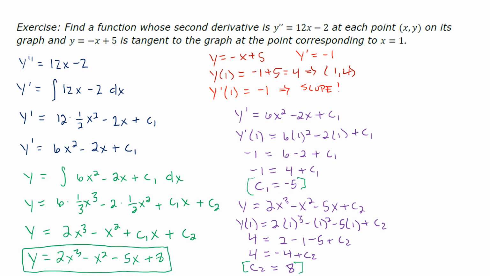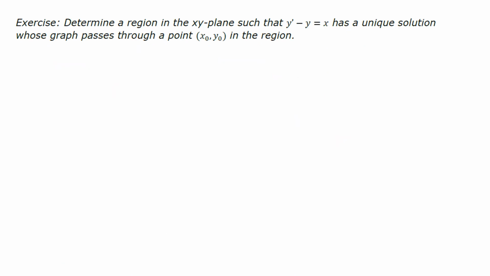So that is the function whose second derivative y double prime equals 12x minus 2 at each point xy on its graph, and y equals negative x plus 5 is tangent to the graph at the point corresponding to x equals 1. Yay! We did it.